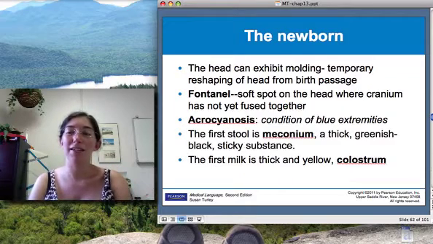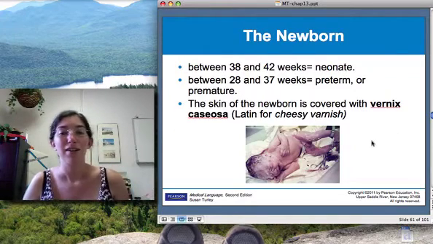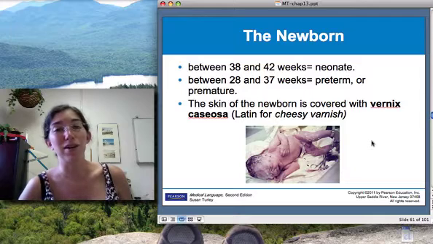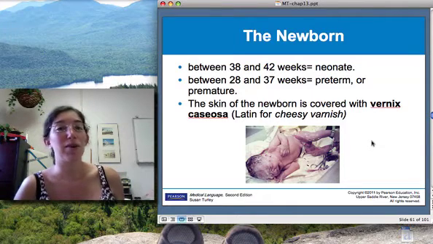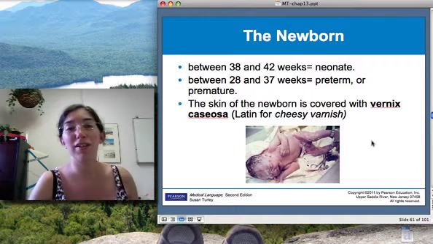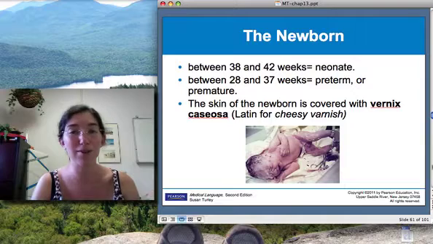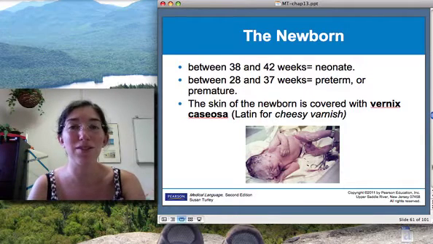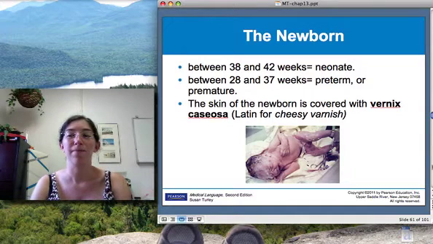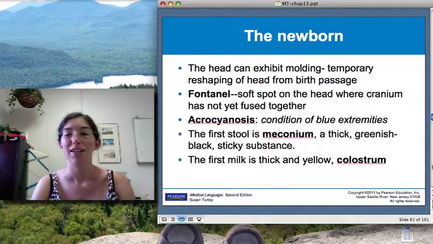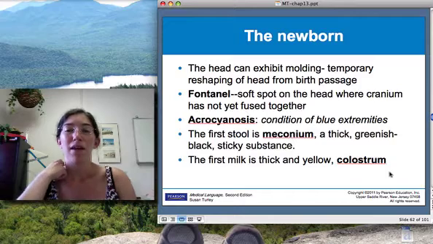And it serves as a lubricant for their skin while in utero, floating around in the amniotic fluid, and also helps lubricate during labor, during the birthing process. And also, after they're born, helps to keep some warmth in, keep them slightly insulated as they warm up.